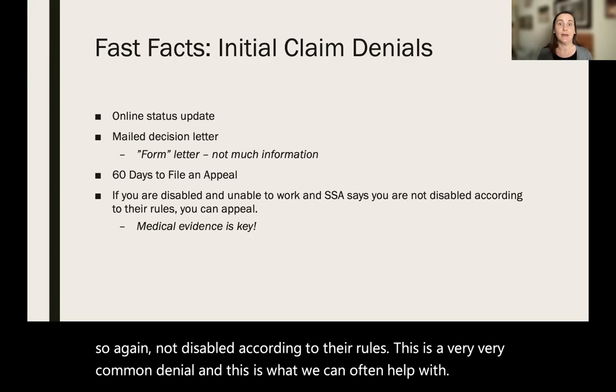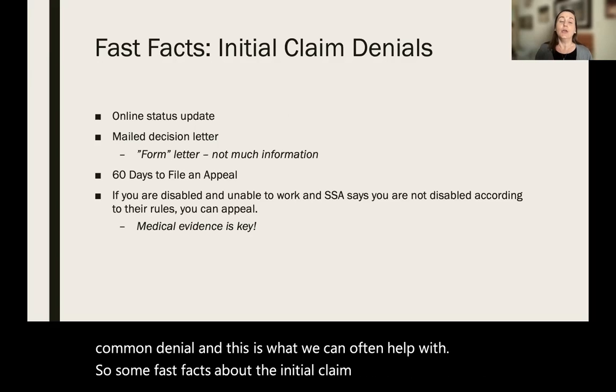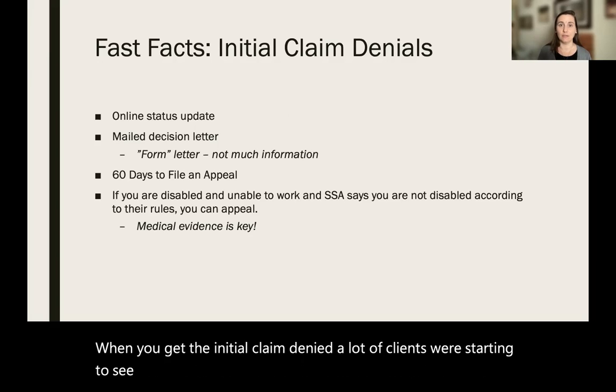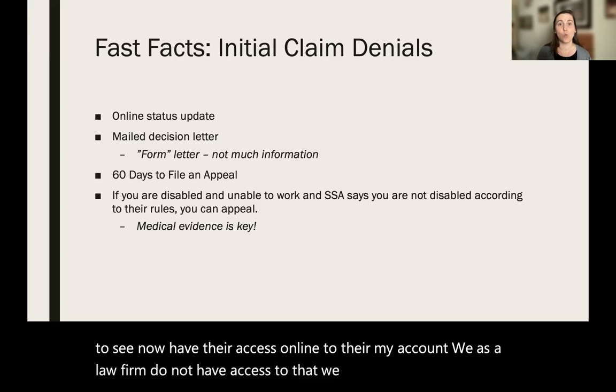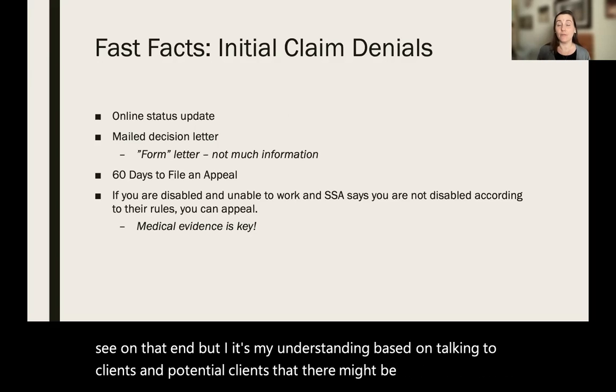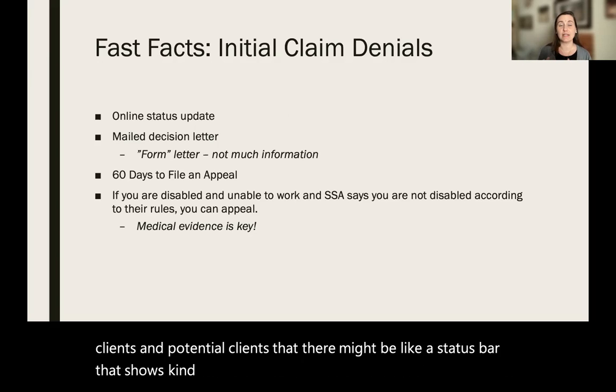So, some fast facts about initial claim denials. When you get the initial claim denied, a lot of clients we're starting to see now have online access to their My SSA account. We as a law firm do not have access to that. We have no idea what you can see on that end, but it's my understanding from talking to clients and potential clients that there might be a status bar that shows how far along the process is.